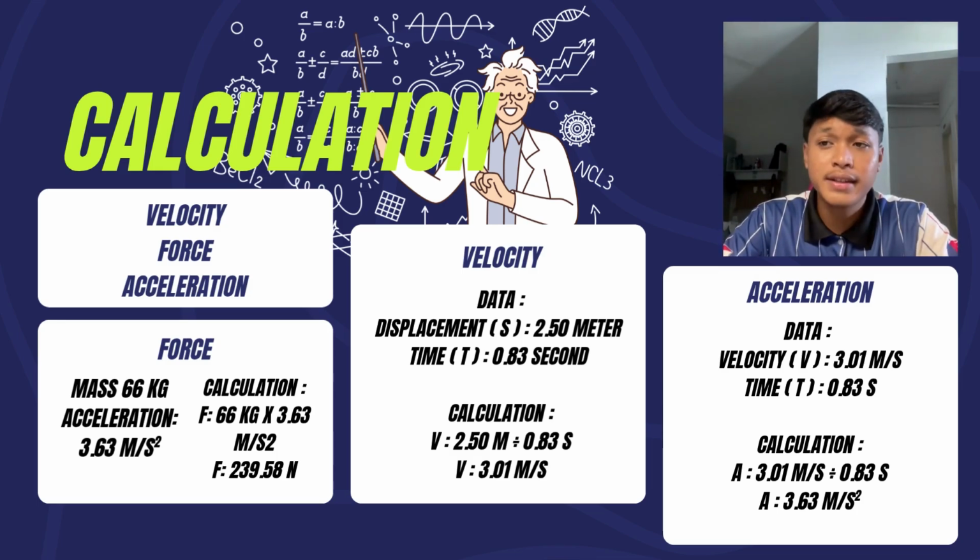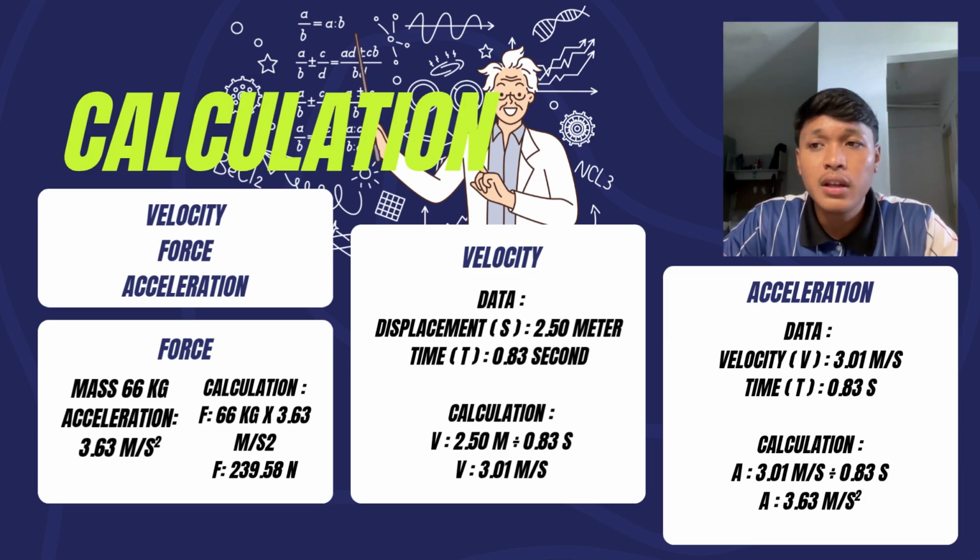Okay, so next, I will explain about the velocity. The formula for velocity is displacement divided by time. From the previous video, the data I get is displacement 2.50 meters and time is 0.83 seconds.